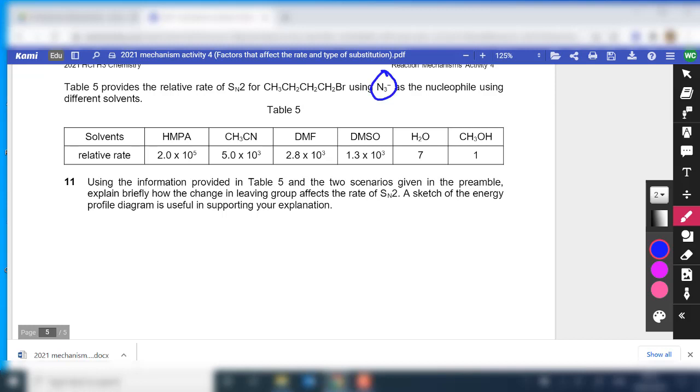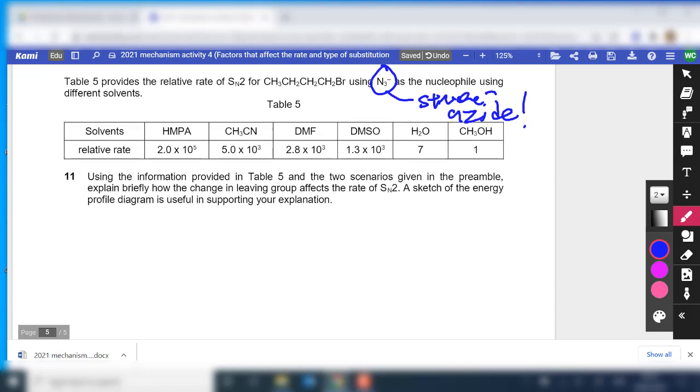N3 minus is actually an interesting nucleophile. If you wish to, you can try to draw the structure on your own. N3 minus is a very versatile compound. I wouldn't want to go into details, but it's known as azide, for those of you who are interested.